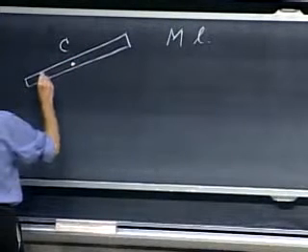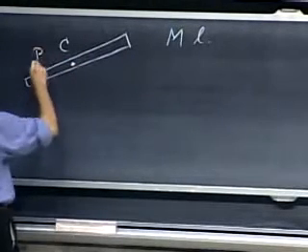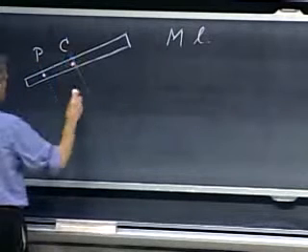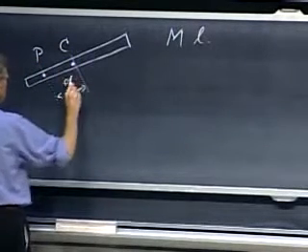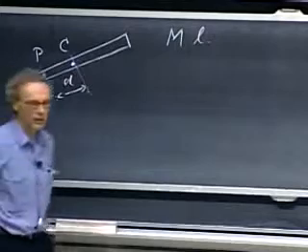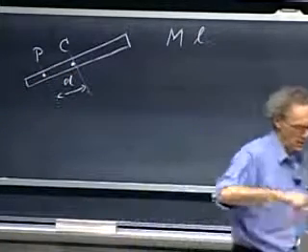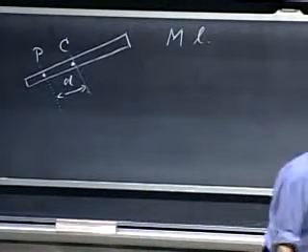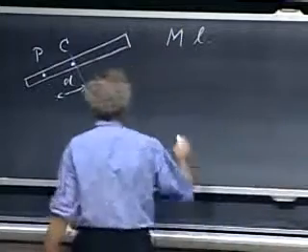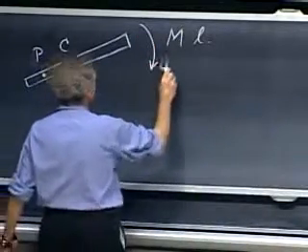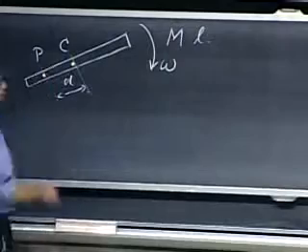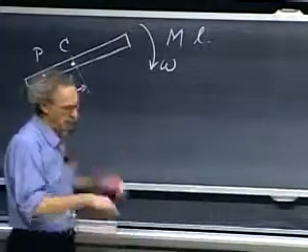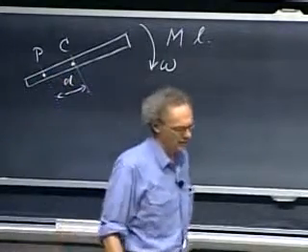But I force it to spin about point P. And this distance is d. Think of this as a horizontal, frictionless plane, and I'm rotating it with an angular velocity. Let's say we rotate it in this direction. Force it about that point P. I put a pin in there, perpendicular to the blackboard, and I rotate it.